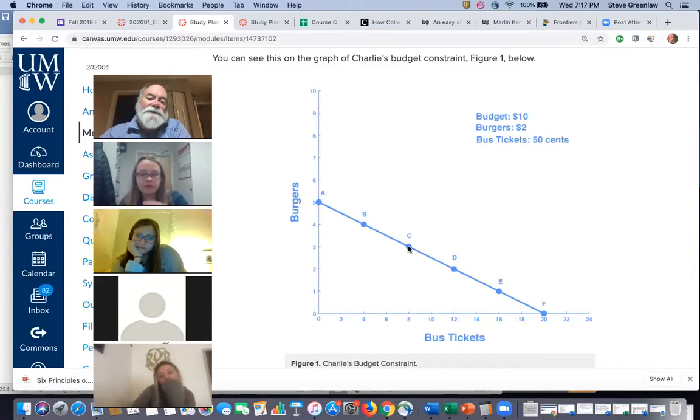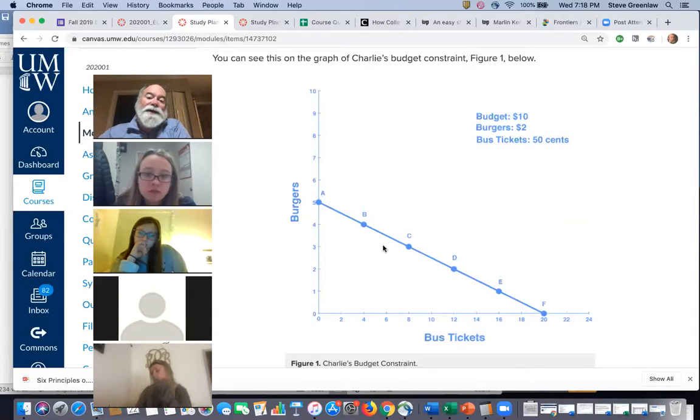The slope of the budget line, the rise over the run, always, always, always tells you what the opportunity cost is for bus tickets. The opportunity cost for bus tickets is the burgers you have to give up, right? So in this case, 2 bus tickets costs you, in opportunity cost terms, 1 burger, okay?